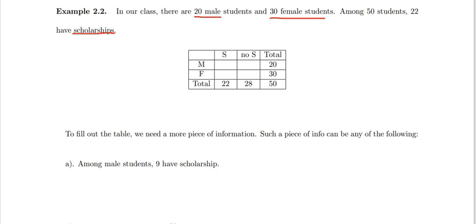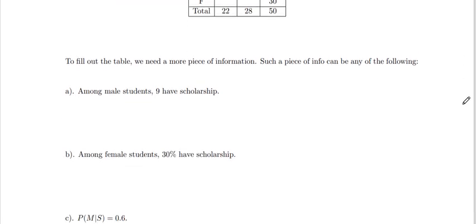To fill out this table, here we only know 20 males, and the rest female. For scholarship, totally 20 have scholarship, 20 no scholarship. But in order to fill out this table, we need a little bit more information, more conditions. The condition can be many cases.